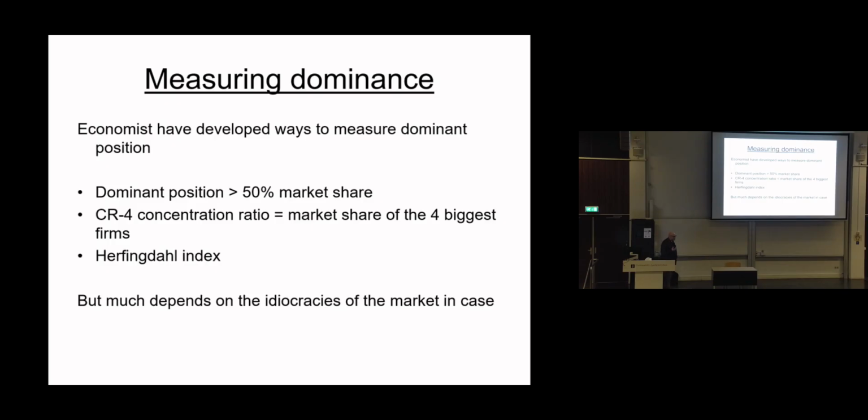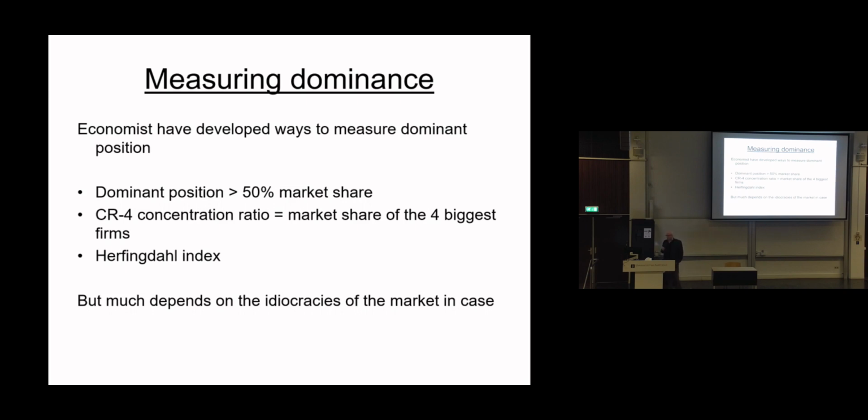And economists have tried to come up with all sorts of indicators. Is it possible to measure the dominant position of companies? And there are a couple of ways to do it. There's, for example, to look at the percentage of the market share of a company. I think Microsoft with Windows has 90%. 90% of the computer users use Windows, so Microsoft really has a dominant position for operating systems. Another measure that economists have developed is the CR4 concentration ratio.